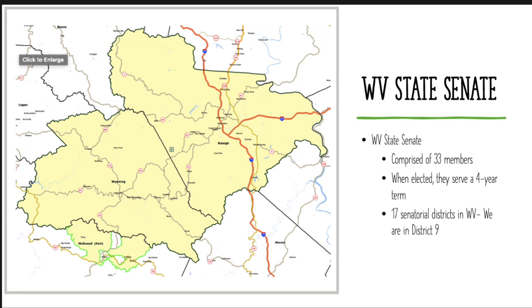It's one of the 17 districts, and that's what it looks like. It's comprised of mainly Raleigh and Wyoming counties, but as you can see, there is a little smidge of McDowell included as well. Part of McDowell, not all by any means. And this entire area is apportioned to senators.